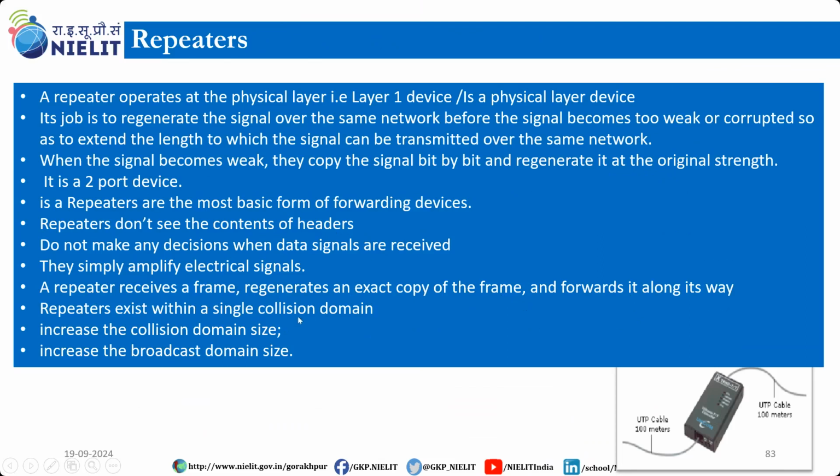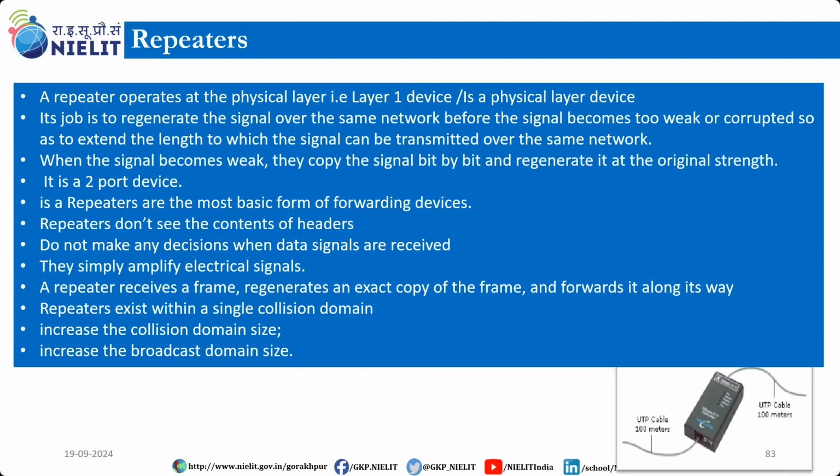A repeater exists within a single collision domain, because a repeater is only used to extend the length of an existing communication channel. That is why the last two lines say it increases the collision domain size. Before the use of a repeater, the collision was happening in a 100-meter radius.